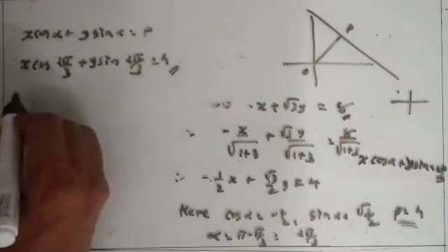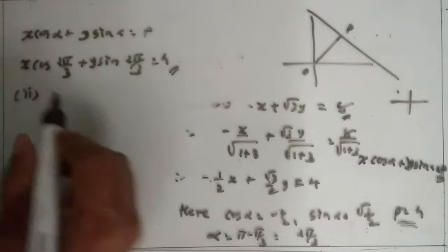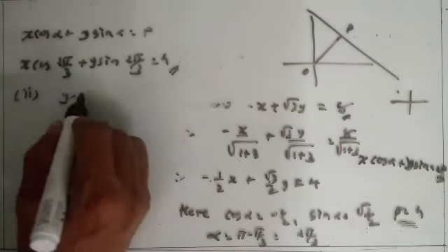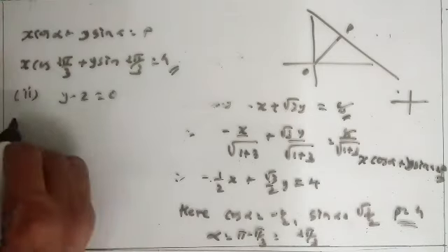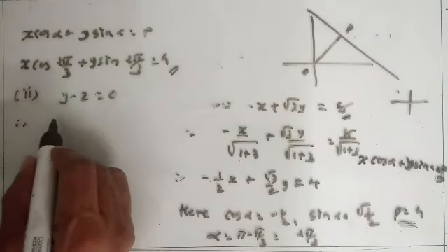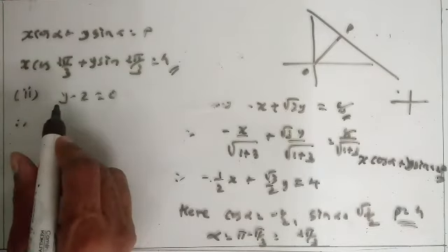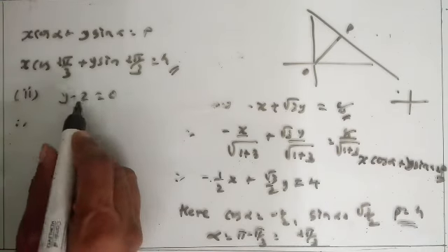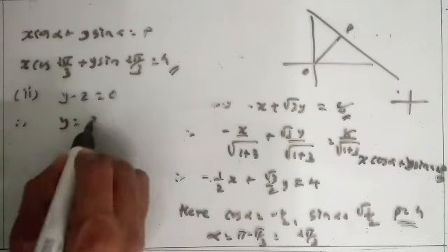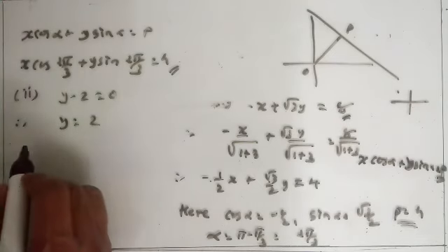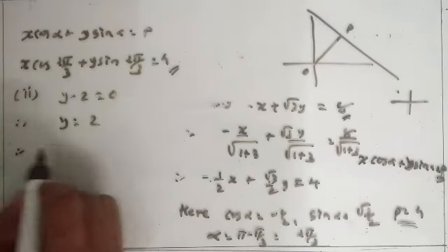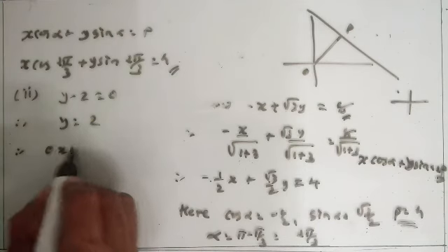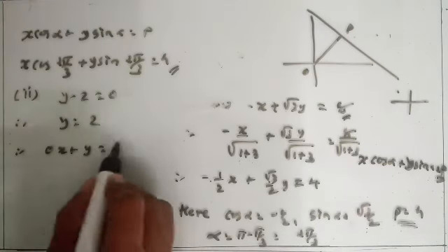Second, number 2. y minus 2 is equal to 0. Here change into the form of x cos alpha plus y sin alpha is equal to p. For this, minus 2 take this side, so y is equal to 2. Clear? Now change into the form 0x plus y is equal to 2.